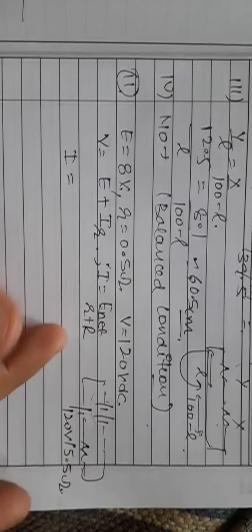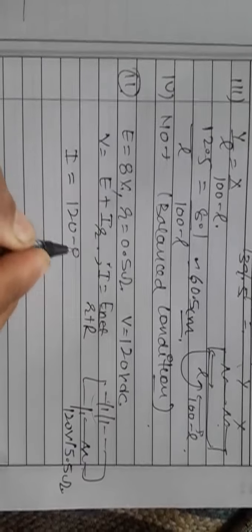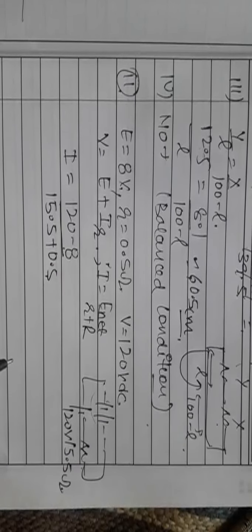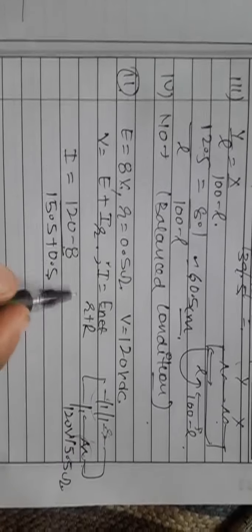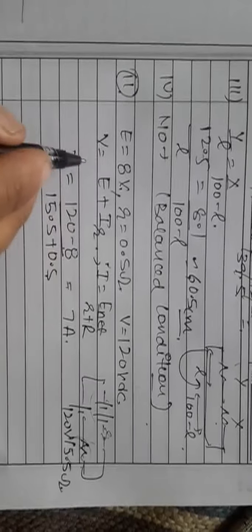What will be the net EMF? 120 we are supplying, minus 8 there is a drop. So the current will be 120 minus 8 divided by the total resistance, that is 15.5 plus 0.5, since the resistor and internal resistance are both in series. After solving, approximately it is 7 ampere. Put this in the formula: V is equal to 8 plus 7 into 0.5.